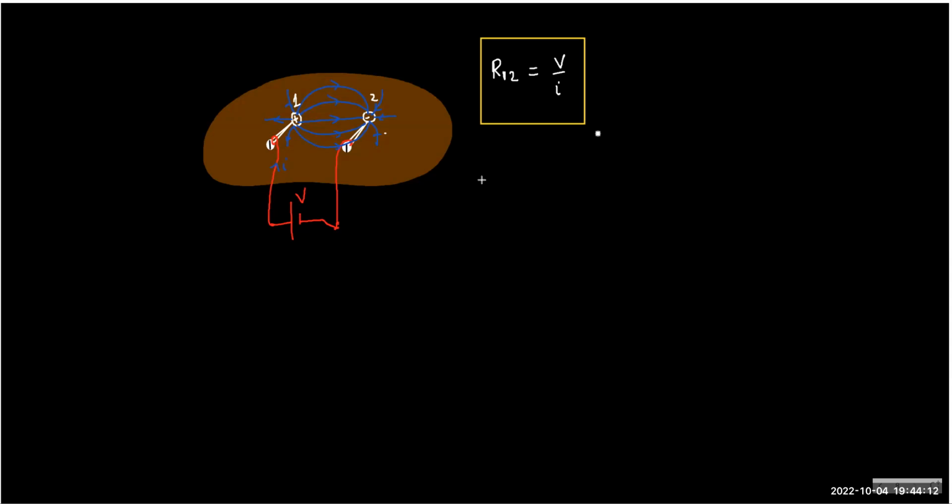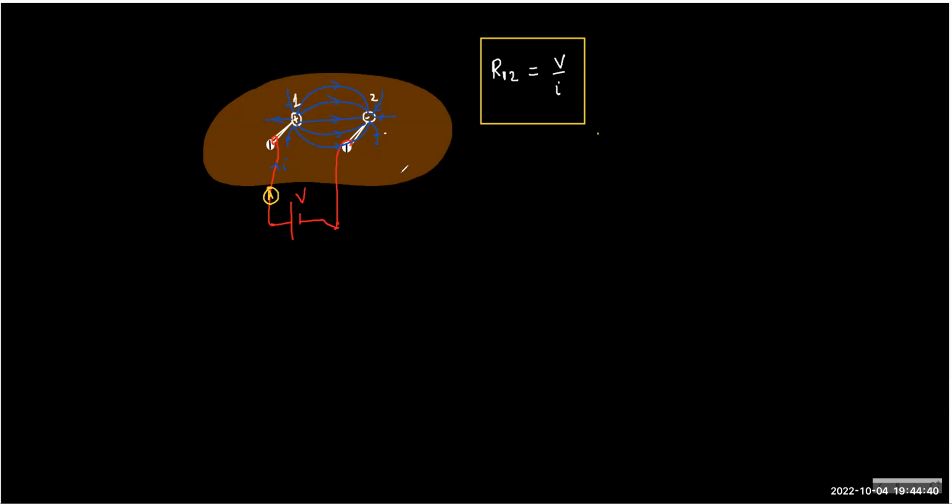We apply the potential difference and we check for the current through the battery. We check the current here, not in the medium. So we apply some device called an ammeter, which you will come to know. And once you do this, the medium's resistance can be determined. Understood?